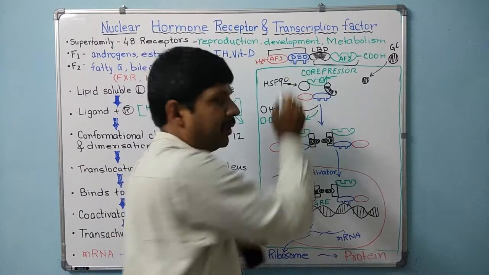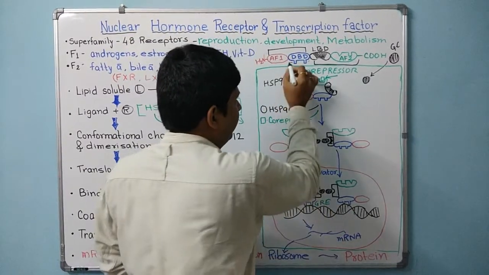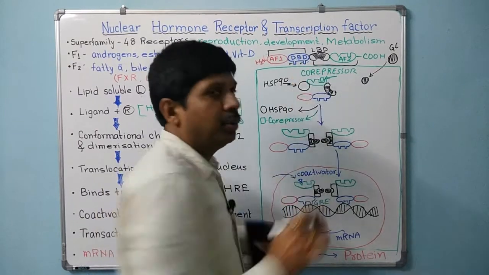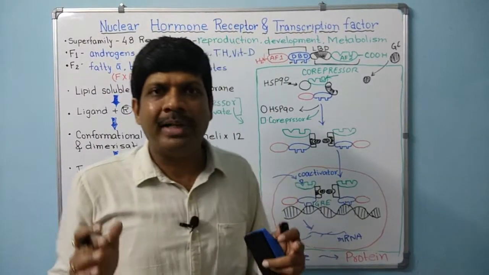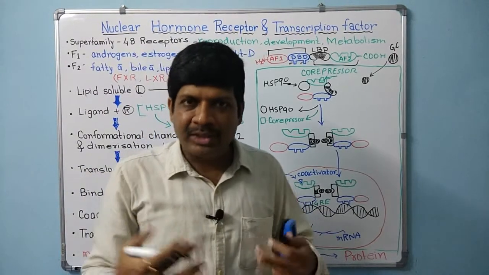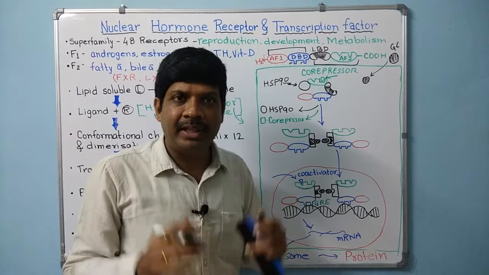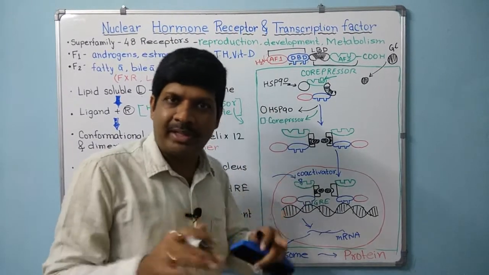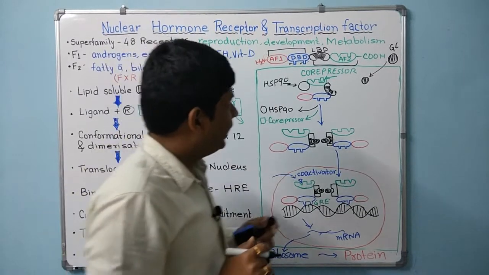In the DNA binding domain there are two zinc fingers, 1 and 2. These zinc fingers are nothing but amino acids attached with zinc, and this zinc helps in the binding of the receptor with the gene, the DNA. So this is the DNA binding domain.